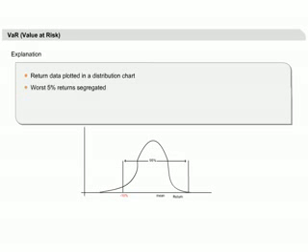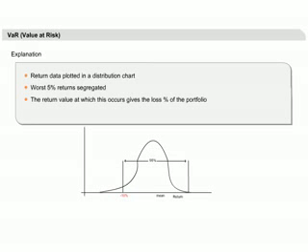Suppose that we segregate the worst 5% of the returns and find that 95% of the observations have a return of more than minus 10%. That is, only 5% of the observations have return below minus 10%.